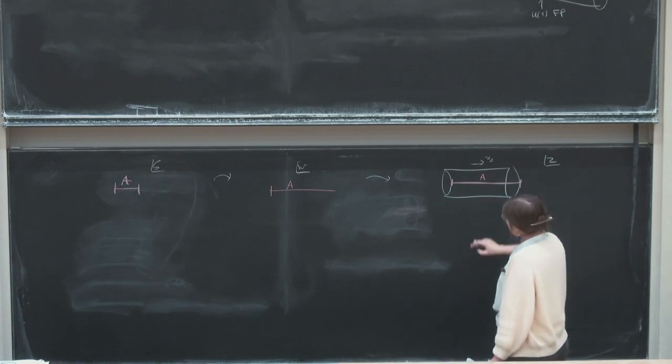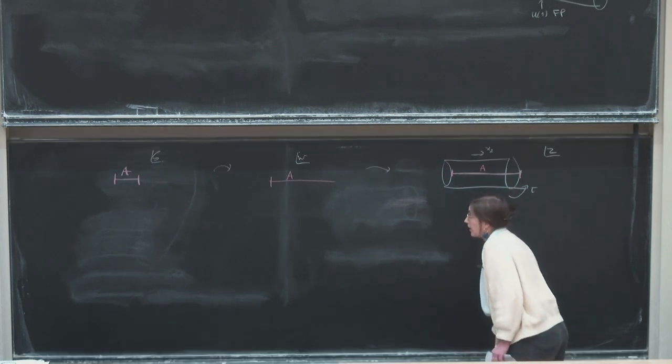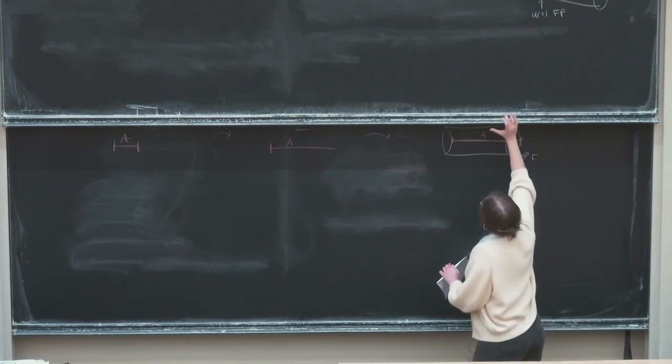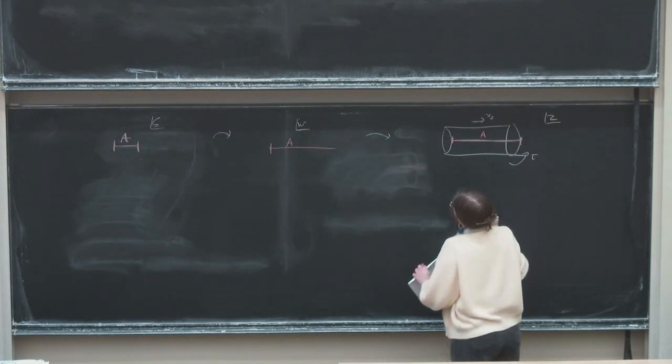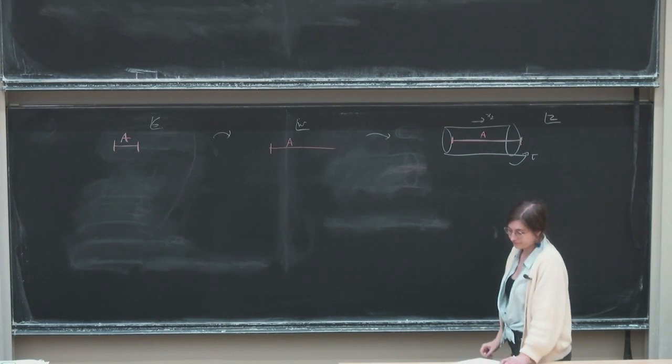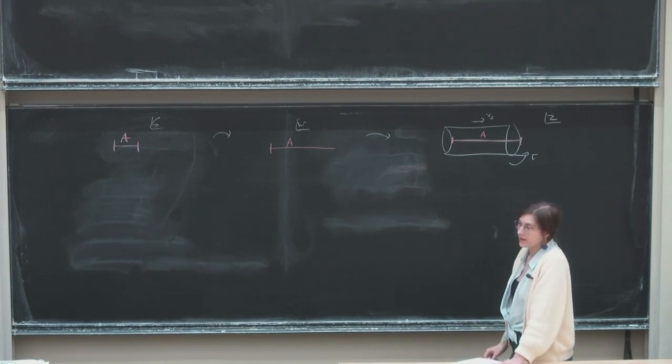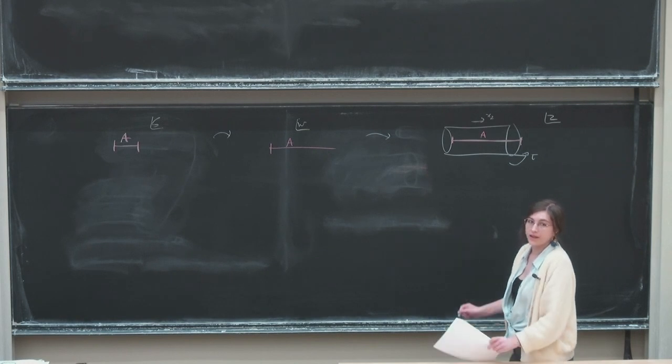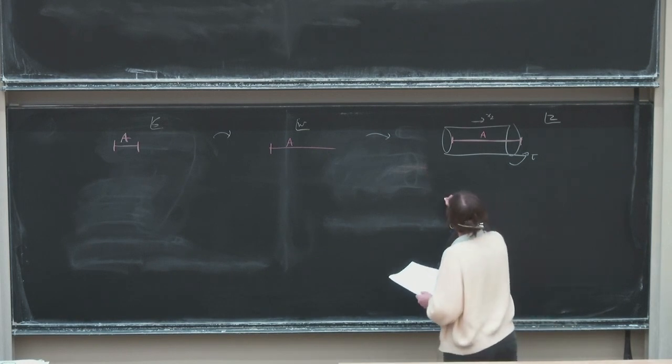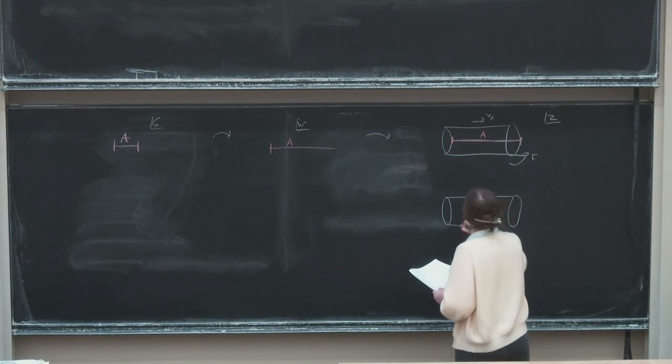And that thermal system has a smooth AdS dual, which is just the BTZ black hole. And that one we drew as the solid cylinder.